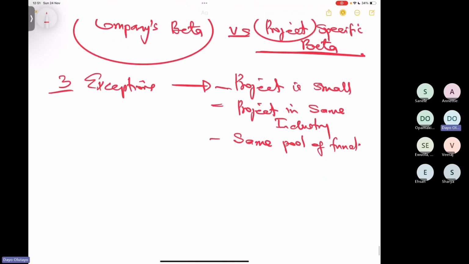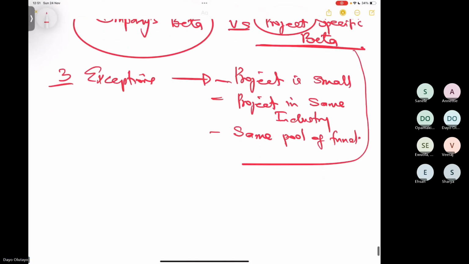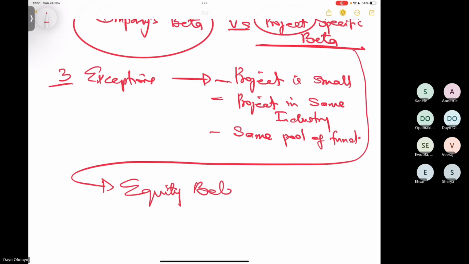And for you to use the project beta, you need to get the equity beta of the project. But the problem is equity beta is a combination of two risks: the business risk and the financial risk.